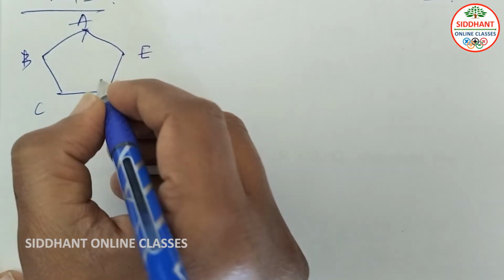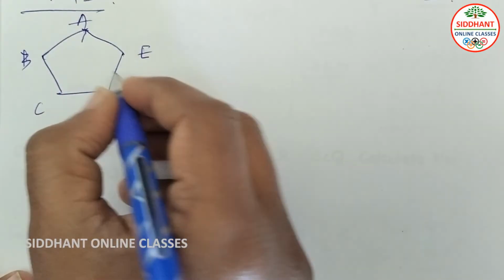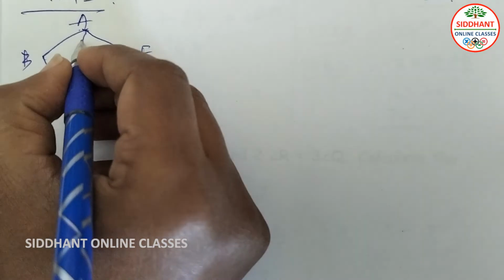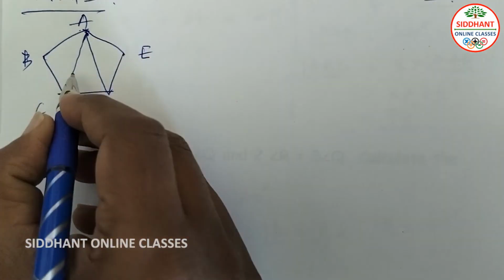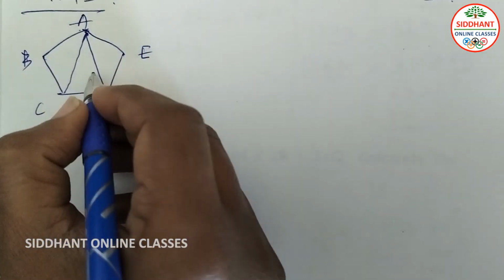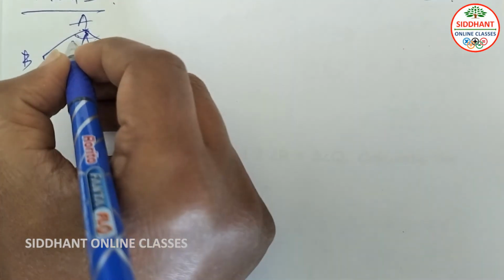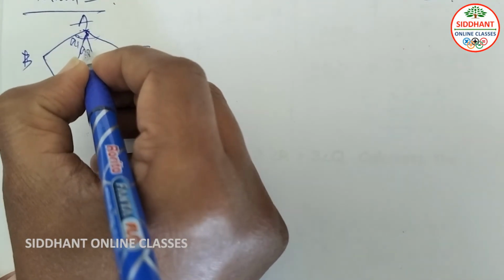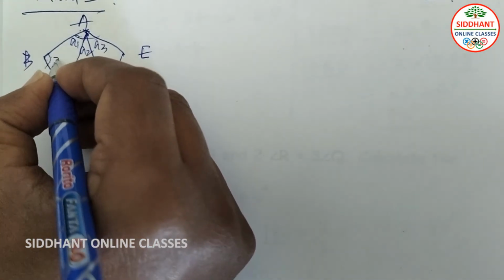Method 2. When you see a 5-sided figure ABCDE, let's join the lines, then we are going to see 3 triangles here. So we say it is A1, A2, A3 and this will be angle 2.